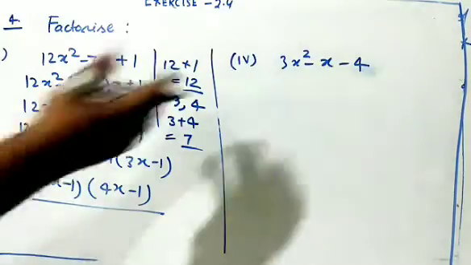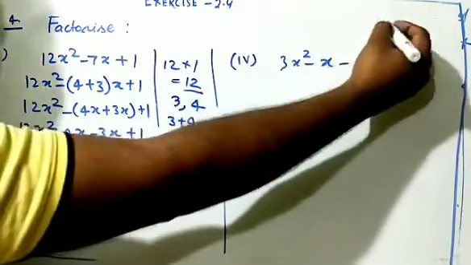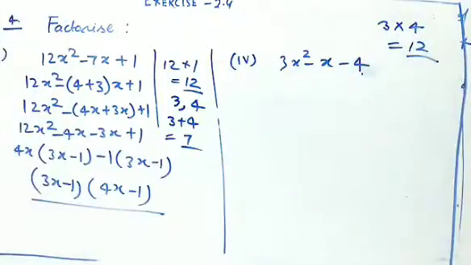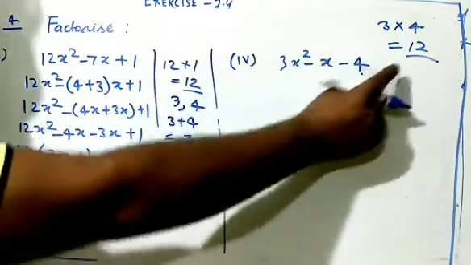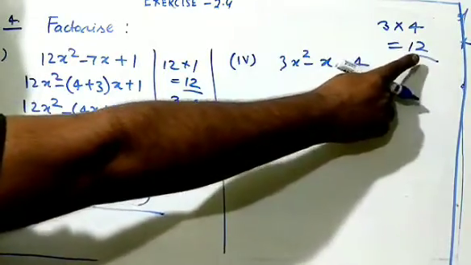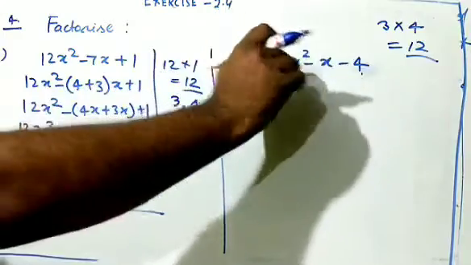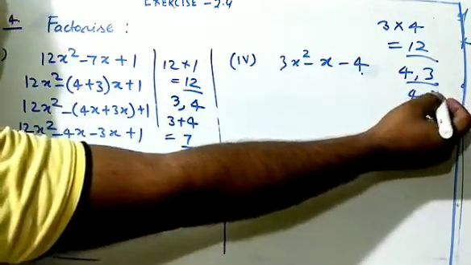The same procedure will be applied here. We multiply 3 by 4, it is 12. So we have to find factors of 12. How? We have to find factors of 12 so that the difference of the factors would be 1. So 4 and 3 as factors, and 4 minus 3 will be 1.